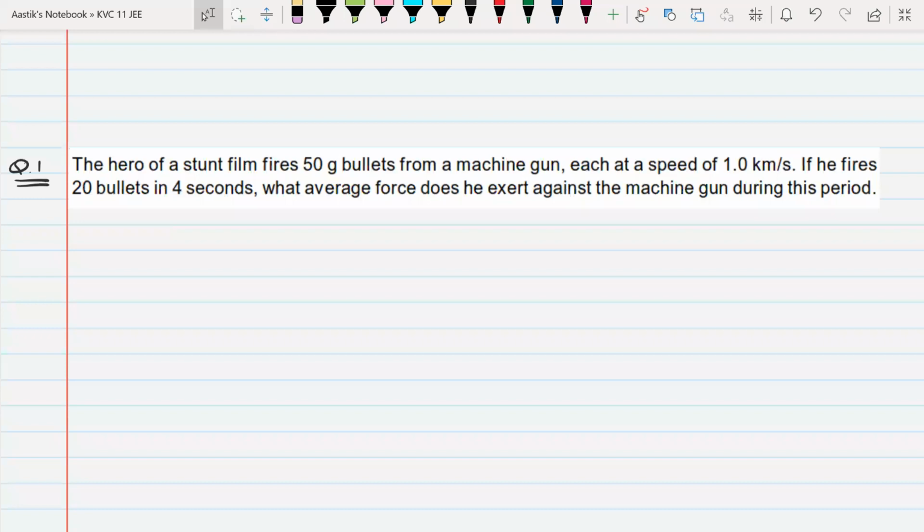So how are we supposed to do this? We just have to find out the change in momentum. Everything is given to you. From change in momentum, you will get the impulse. From impulse, you can find out the force.